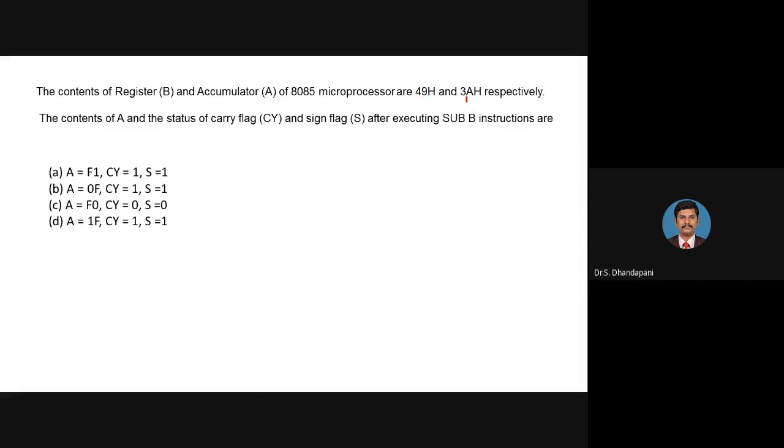The steps are to convert the hexadecimal to binary, perform the subtraction, and finally convert again to hexadecimal, or convert the data to decimal and then perform the subtraction, or we can perform hexadecimal subtraction directly. The very important thing is that we should be familiar with number systems: hexadecimal, decimal, and binary. Now we will go to the solution.